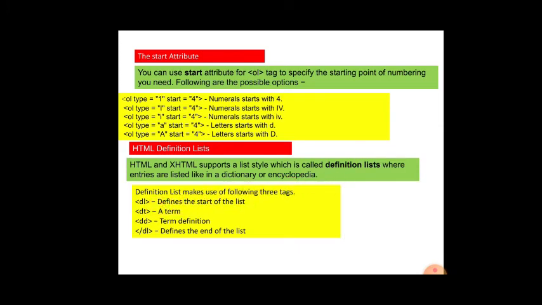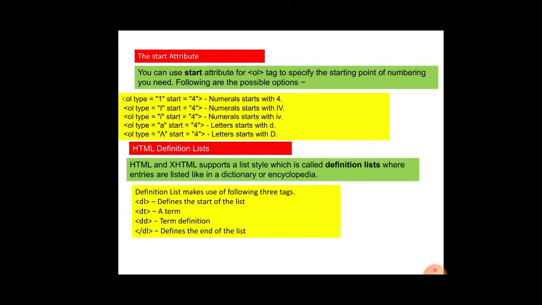The entries in a dictionary start from alphabetical order A and end with Z. And inside also it starts with small a, then goes to z, like A B, A C, A D. Similarly, the definition list looks like a dictionary or an encyclopedia.